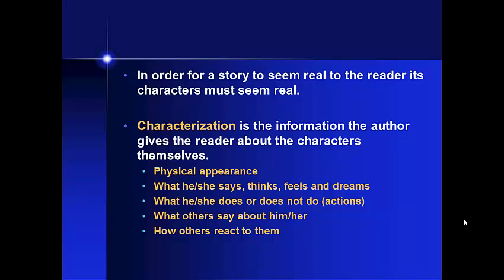What other characters in the novel will say about them, and how other characters react to their actions. All of these things will help us understand a character. So if we write about characterization of a novel, then we want to look at all of these elements to determine who that character is, not just what they look like and what they say. Okay?